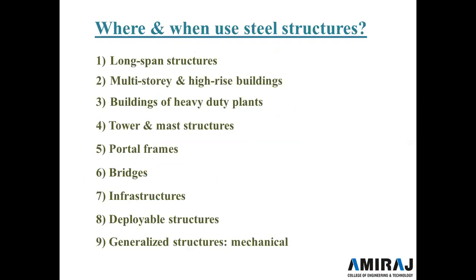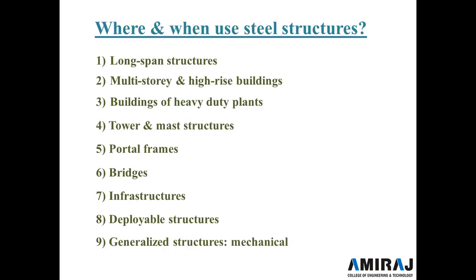Where and when do we use these steel structures? Starting with the first, long span structures, multi-story and high-rise buildings, buildings of heavy duty plants, tower and mast structures where steel structures are needed, portal frames, and bridges.